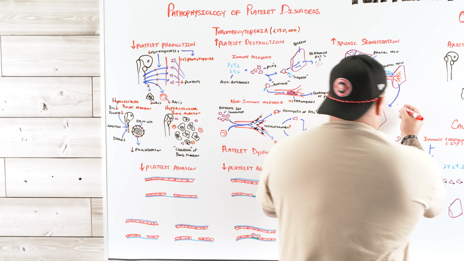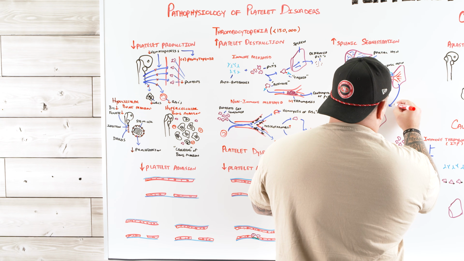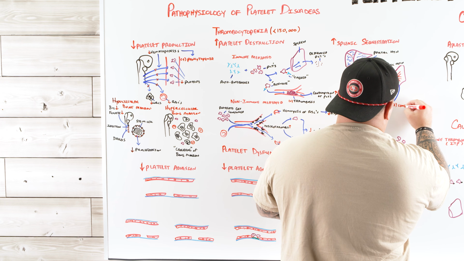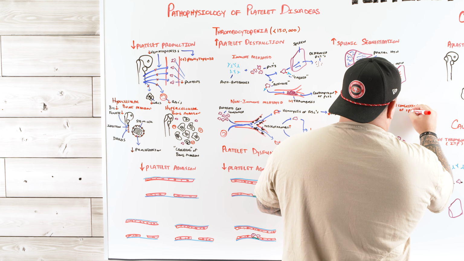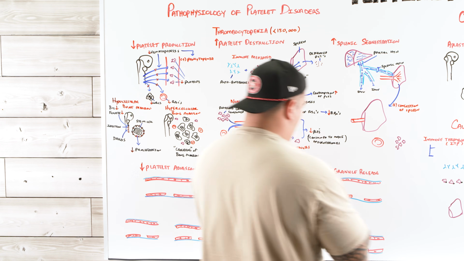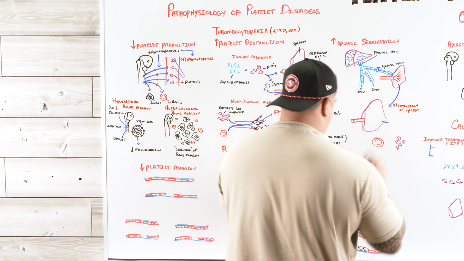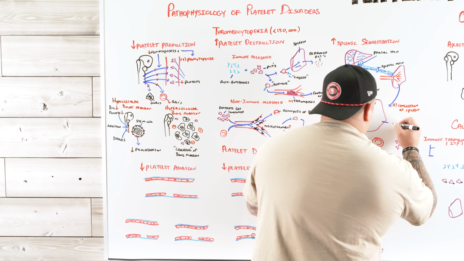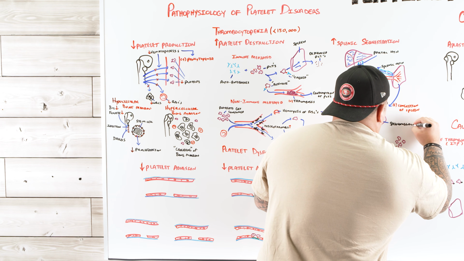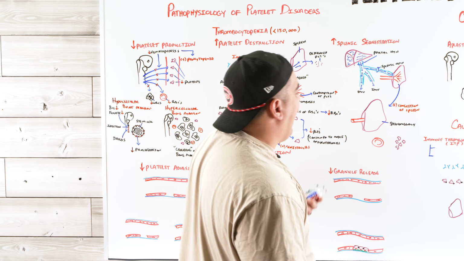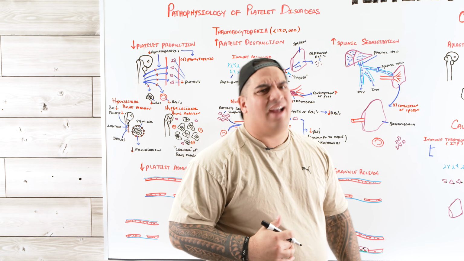What's this called when you stimulate congestion of the spleen? It's going to get big. This is called splenomegaly. When a spleen is really big, it can go into a hypersplenism-like state. What the heck does that mean?